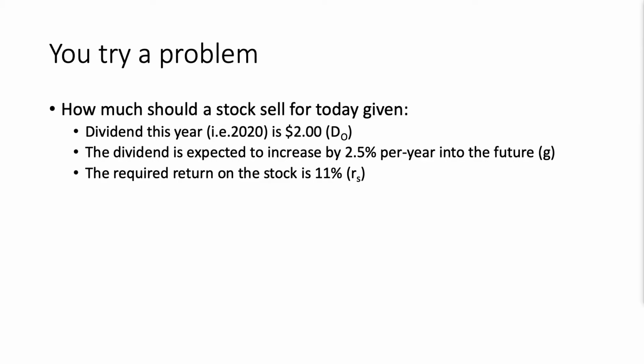In other words, we're going to load that into the model, and the model will give us back the price that causes that dividend stream to yield 11%. Go ahead and work that out, pause it, see if you get the right answer, and then come back and check your work.